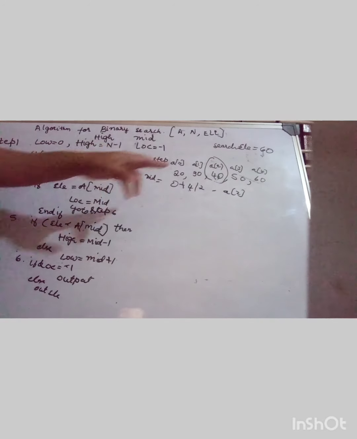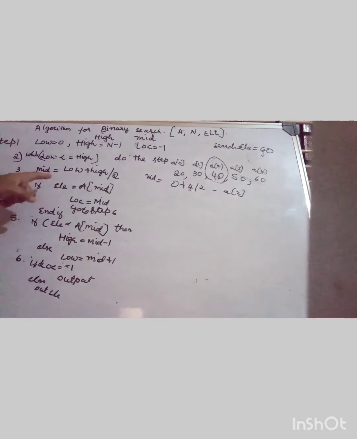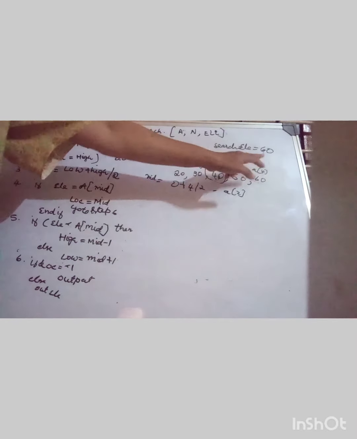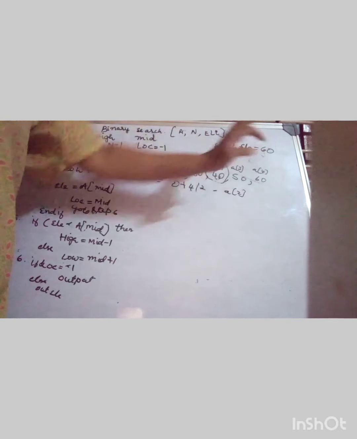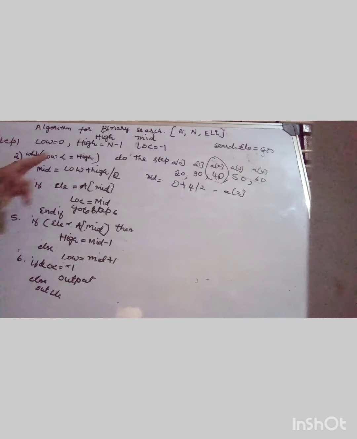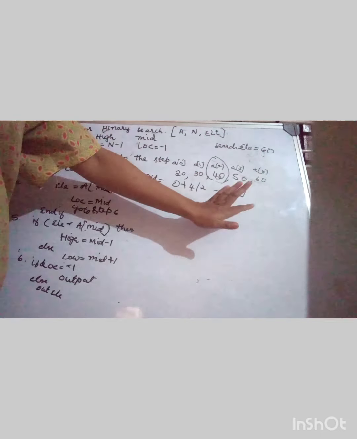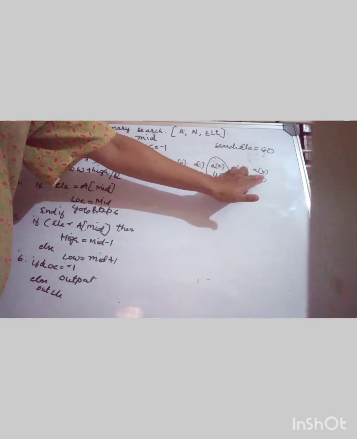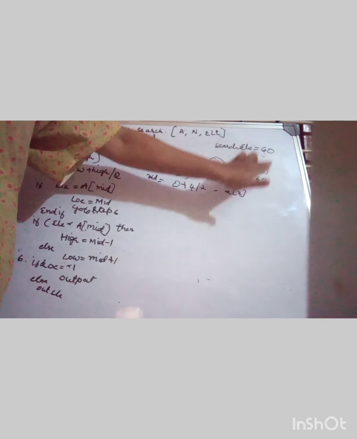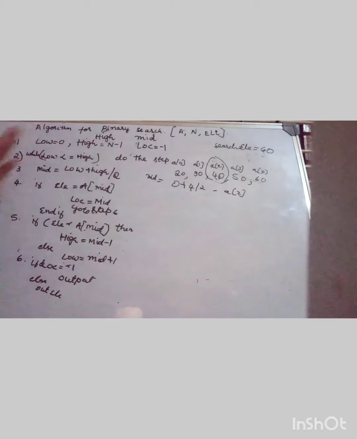You check whether each element matches. Low becomes mid plus 1, and again the loop checks whether this element matches. No, it's not possible, so it takes the next element. When it matches, the position will be given as output.